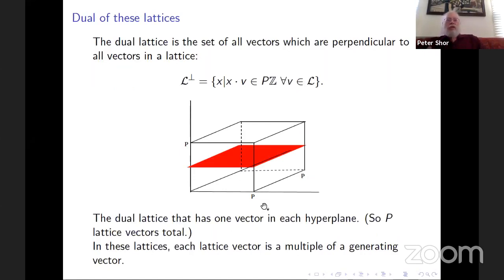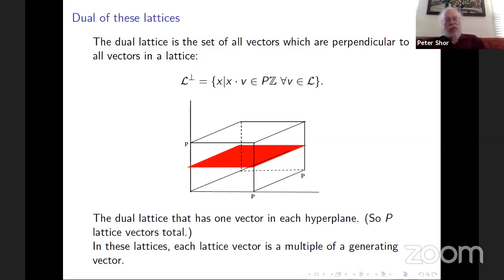So we also need to define the dual of these lattices. And the dual lattice is the set of all vectors which are perpendicular to all vectors in the lattice. And here, perpendicular will mean x dot v is a multiple of p. So this is scaled up by a factor of p from the normal definition of a dual lattice.